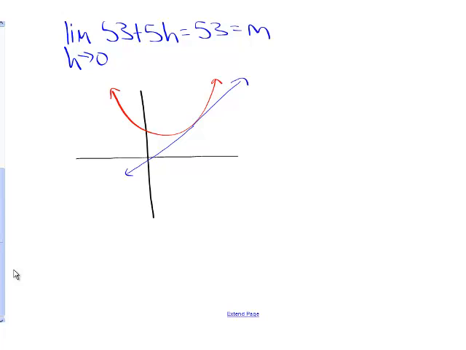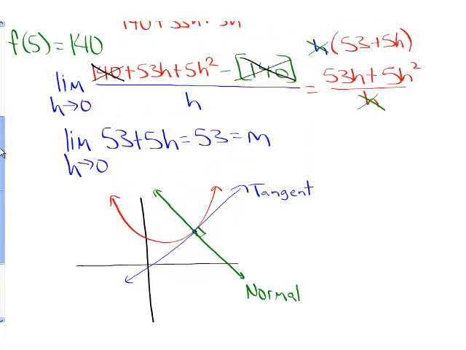So what the normal is at this point where I'm tangent is a line that's perpendicular to the tangent. So this guy would be the normal. This guy would be the tangent. Okay, and that's why we have to use the opposite reciprocal. Okay, I can scroll up.